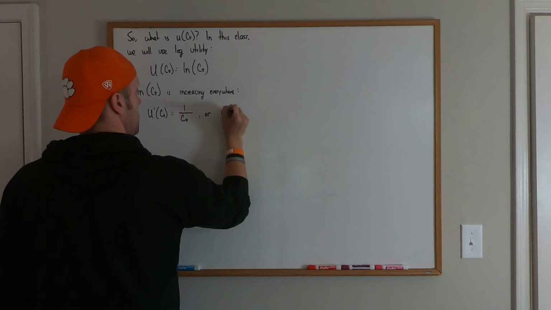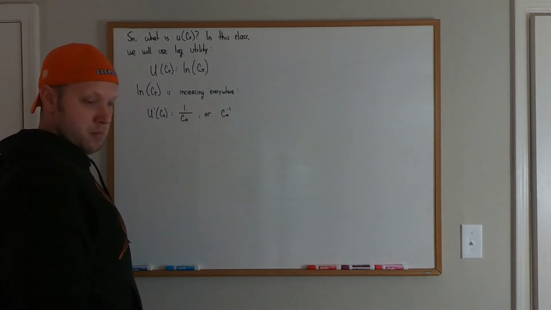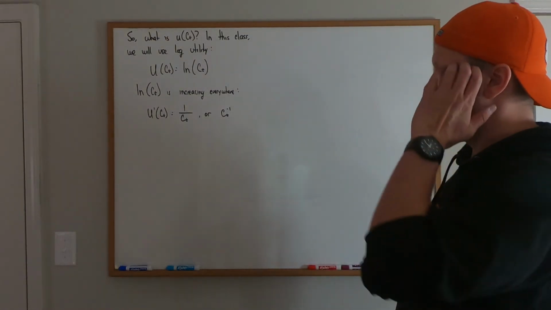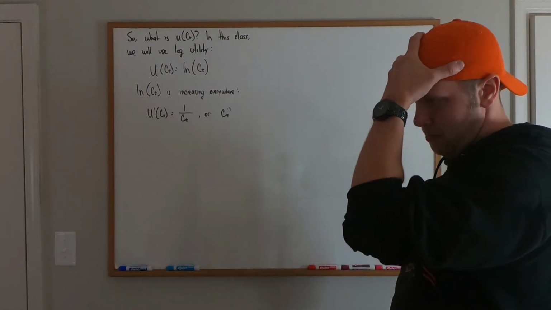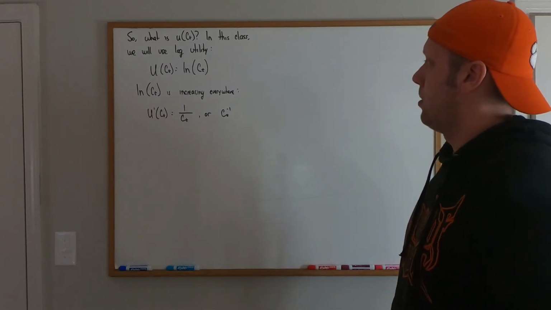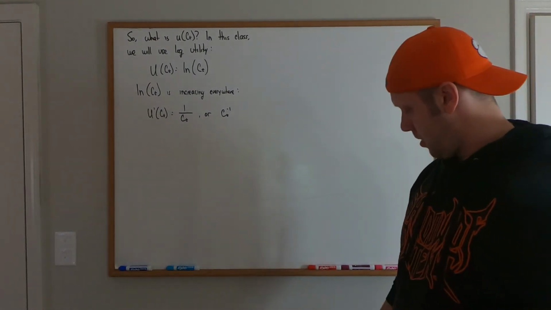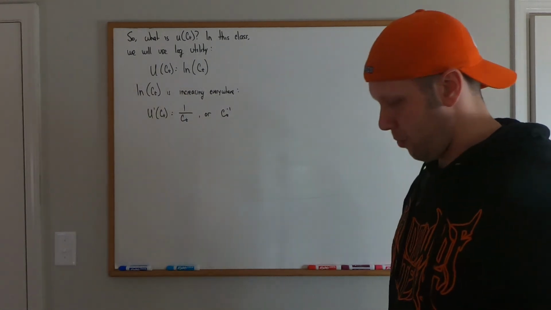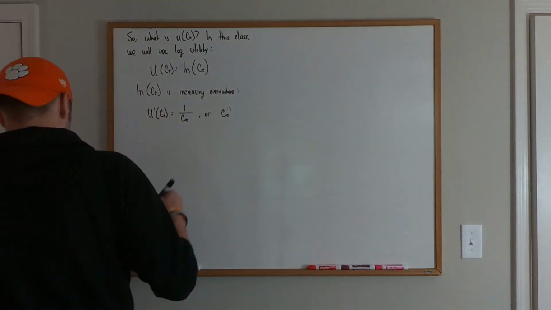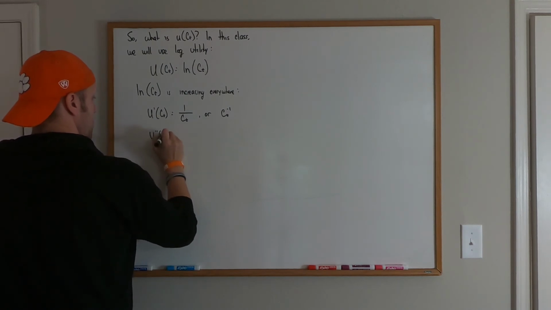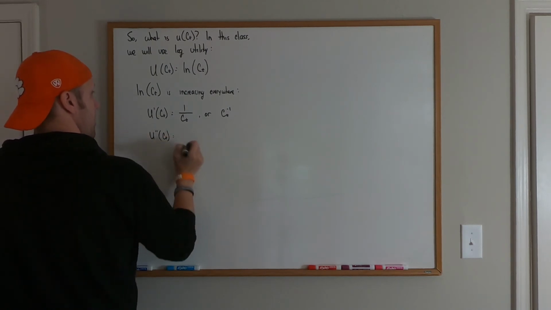Or, if you want to write it this way, be my guest. Might actually be easier to write it that way. It's shorter. You have to write less. Use less ink, less lead, less whatever. CT to the -1 is the same thing as 1 over CT. Well, let's stick with CT to the -1 for the second derivative of utility, which tells me the slope of marginal utility.